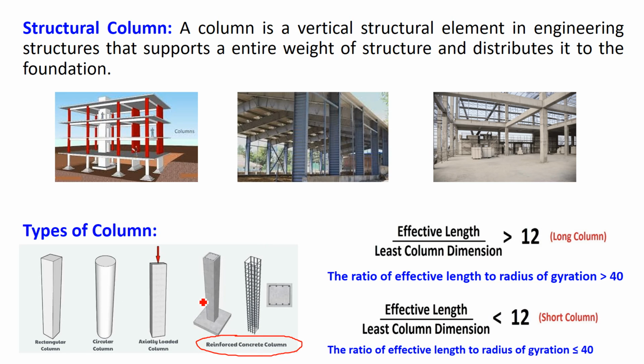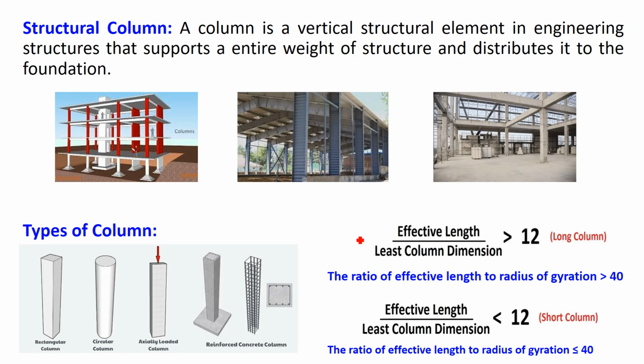So these are the various types of column, but whenever this question is asked in the interview, what are the types of column, the most expected answer from the students is whether the column is a long column or a short column. So these are the two important types of columns, long column and short column. Now how to define long column and short column?